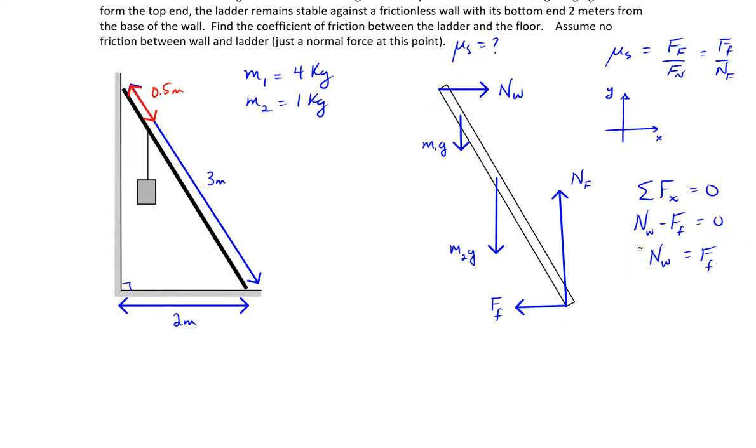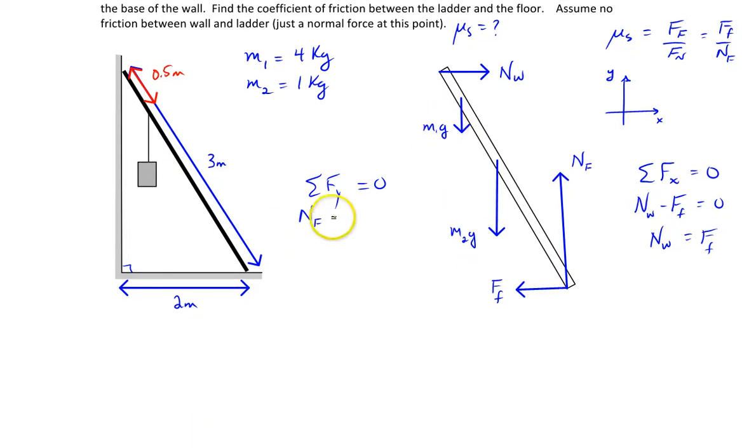Let's go along the y-axis. Sum of the forces along the y-axis equals 0. And we can see that the normal force from the floor minus these two weights, m1g and m2g, equals 0. So the normal force from the floor, we can find that out. That's just equal to the sum of these two weights, which is really just m1 plus m2 times g.